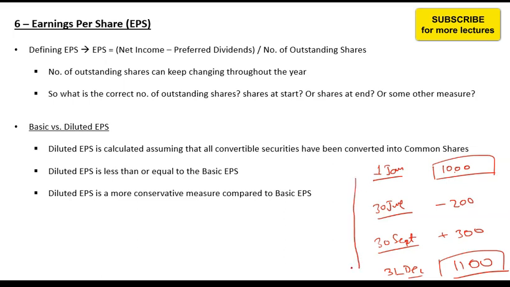So from Jan till 30th June, it was 1000, that is 6 months.